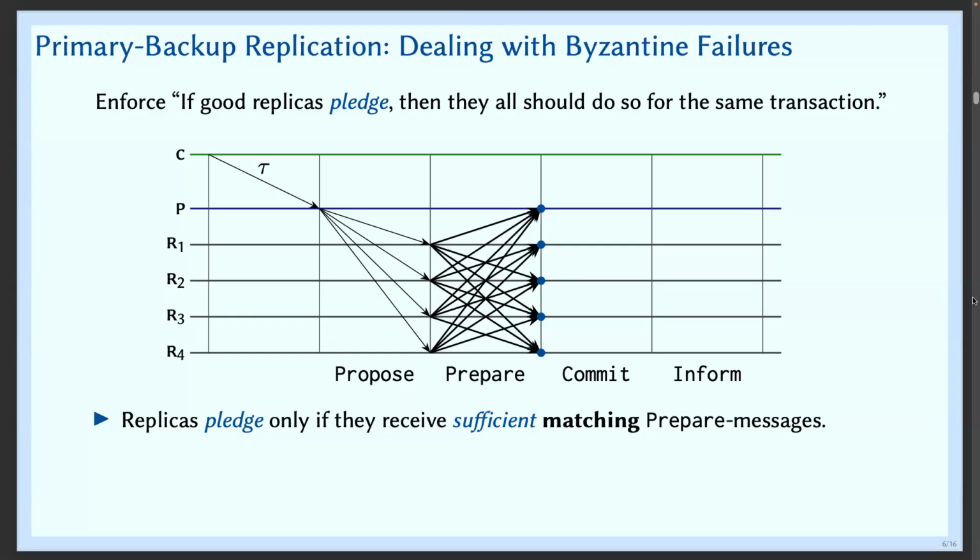In the example below, we have used all the F good replicas, so how do we get another one with a replica system? You have 2F plus 1, so one more.